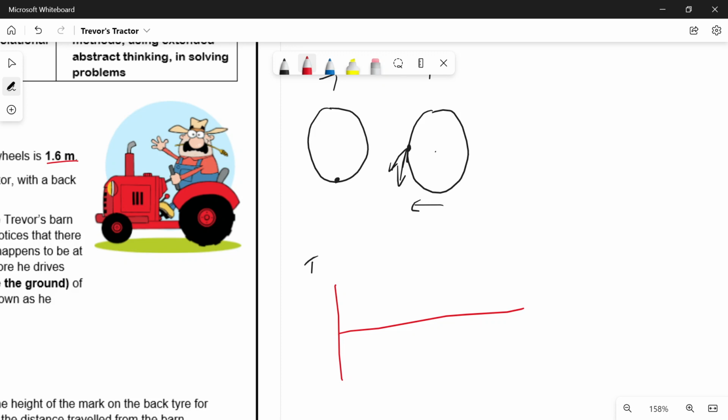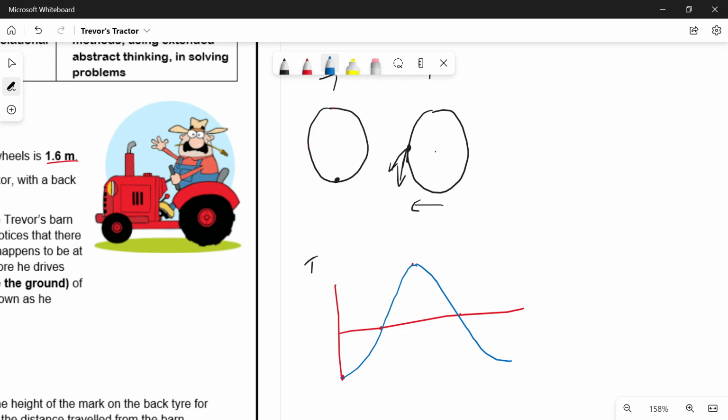Trevor starts at the bottom, and then as it moves around, gets to the middle, then gets to the top, then gets to the middle, then gets to the bottom. So if I would draw that, this is what Trevor's model will look like. And of course it carries through and repeats. Okay, but that's a rough estimate for me.